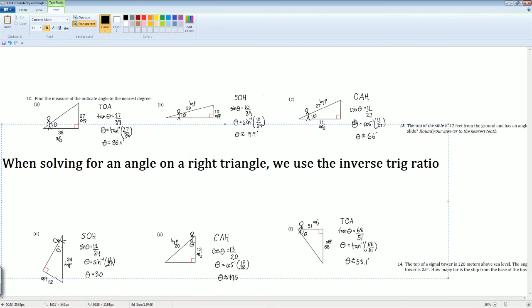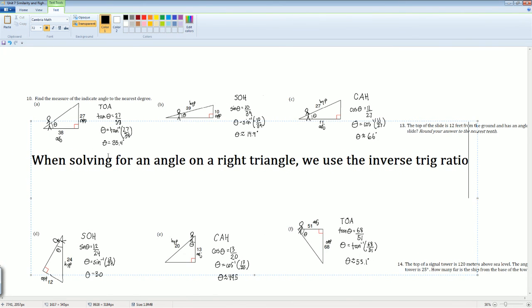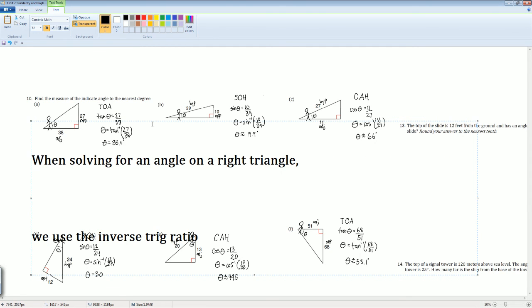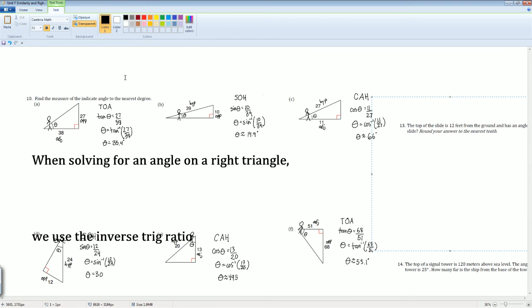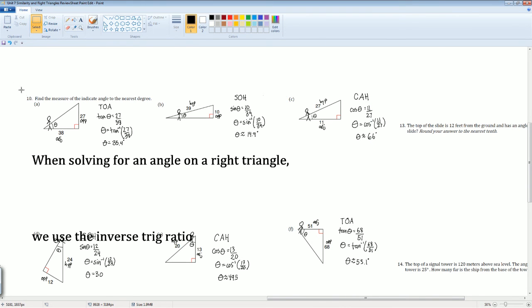This should give you a better understanding of what we did when solving for an angle on a right triangle.